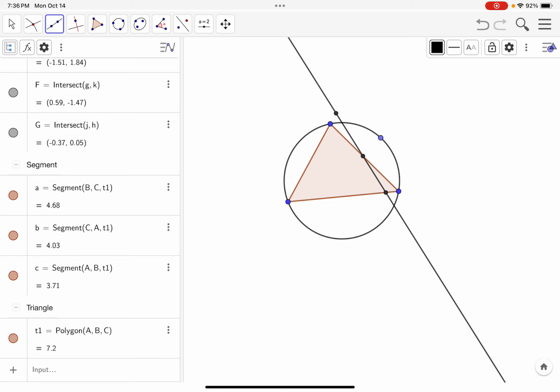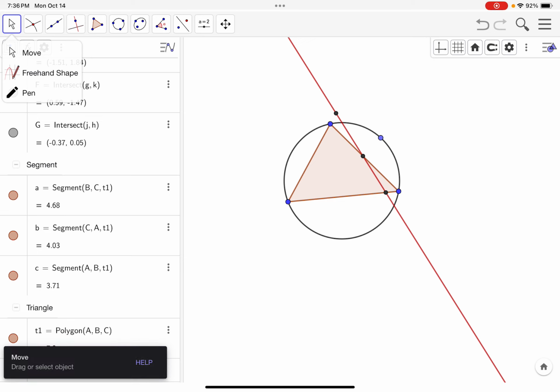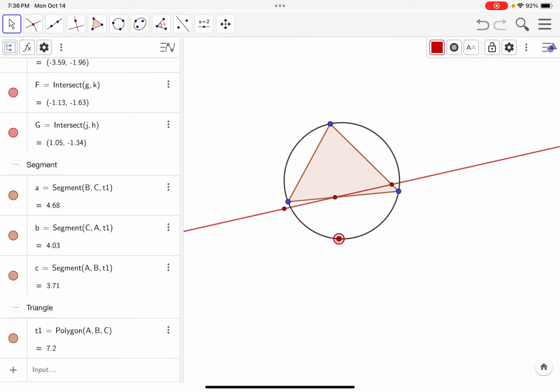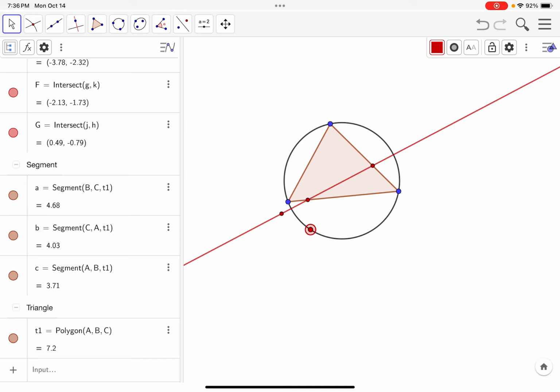Let's go ahead and color everything red so that we can keep track of the 2 lines we're going to construct. So we should have a Simpson line whose 3 feet of perpendiculars follow around in a collinear fashion.